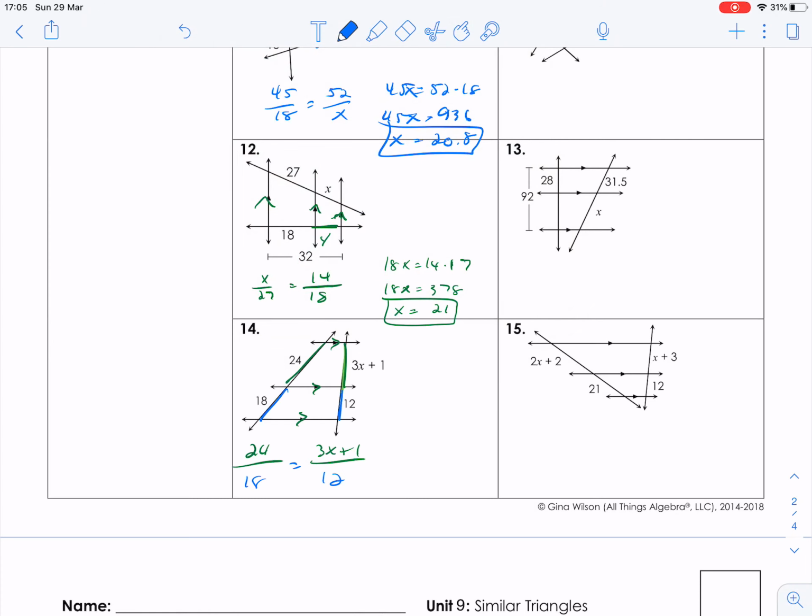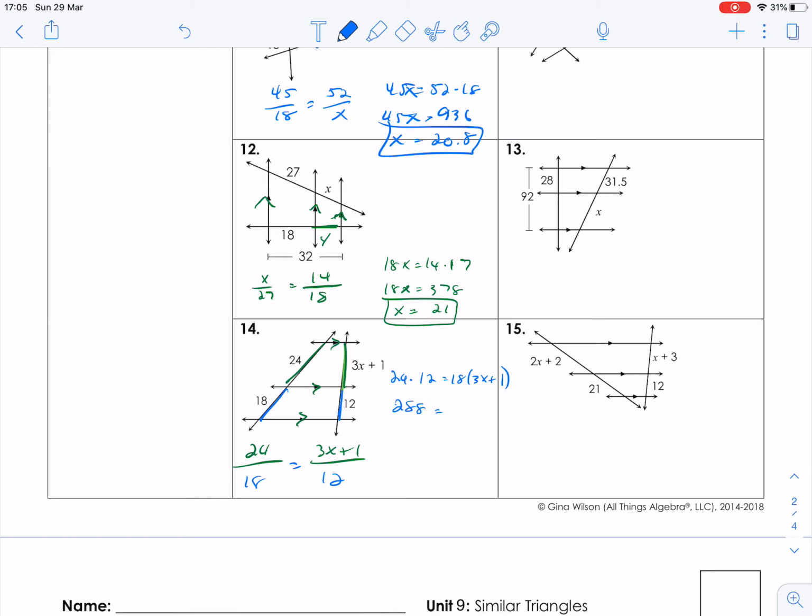Cross multiply, we get 24 times 12 equaling 18 times 3x plus 1. 24 times 12 is 288.